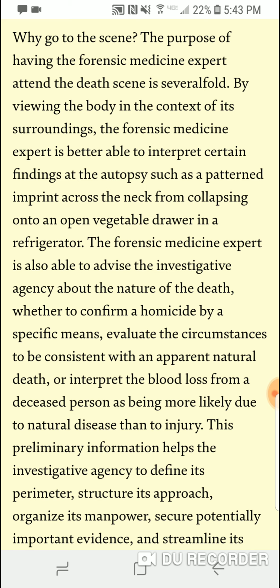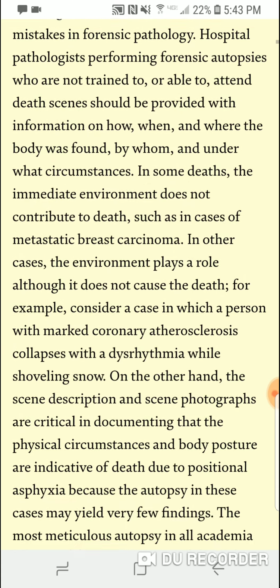By viewing the body in the context of its surroundings, the forensic medicine expert is better able to interpret certain findings at the autopsy, such as pattern imprint across the neck. Also able to advise the investigative agency about the nature of the death, whether to confirm a homicide by specific means, evaluate the circumstances, interpret the blood loss, and it goes on and on there.